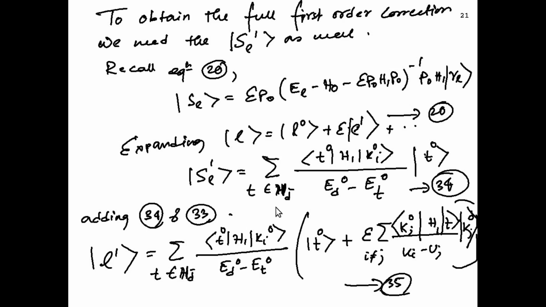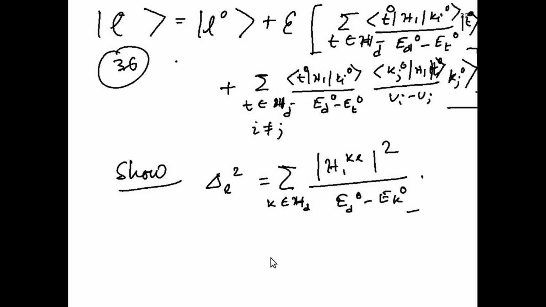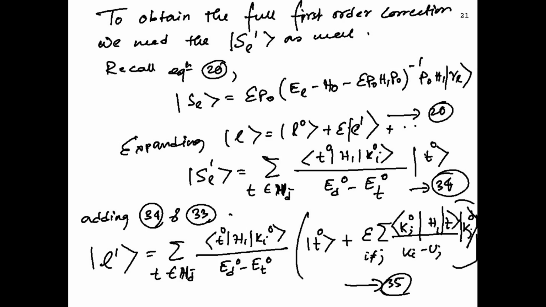So, when I add these two, I will get the full first order correction. Now, you might wonder about a subtlety in how this is written here: what is this epsilon doing there, if it is a first order correction, because it should be epsilon free?